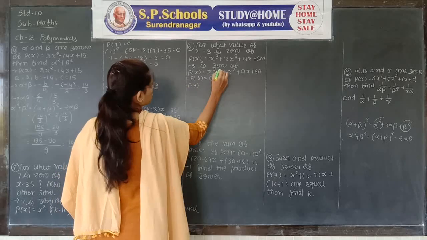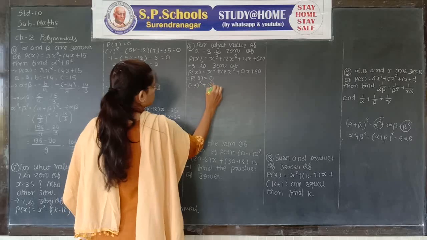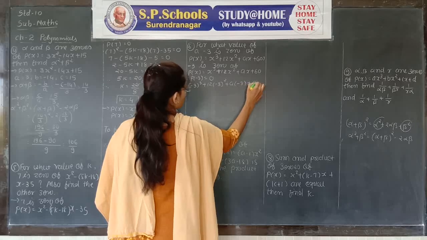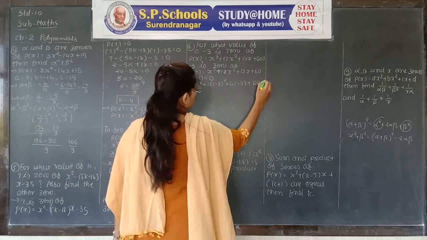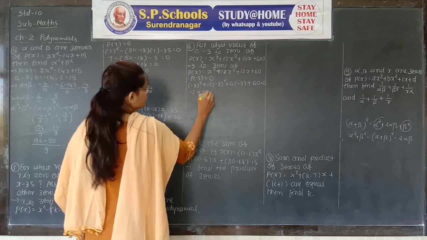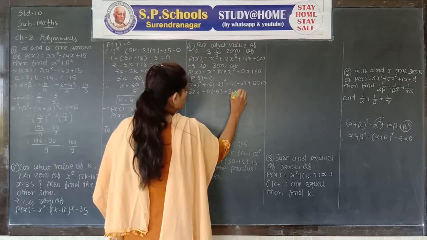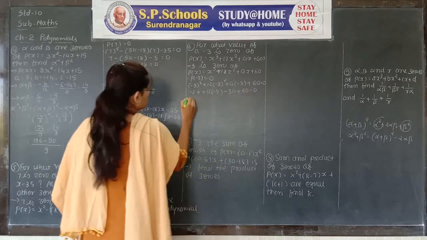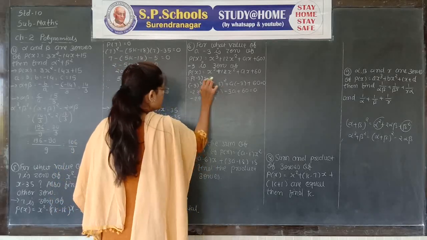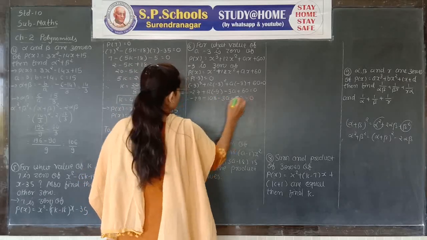Minus 3 cube plus 12 minus 3 square plus a, instead of x minus 3, plus 60 is equal to 0. Cube of minus 3 is minus 27 plus 12 into 9 minus 3a plus 60 is equal to 0. Minus 27, 12 9s are 108, and it is plus 108, minus 3a plus 60 is equal to 0.